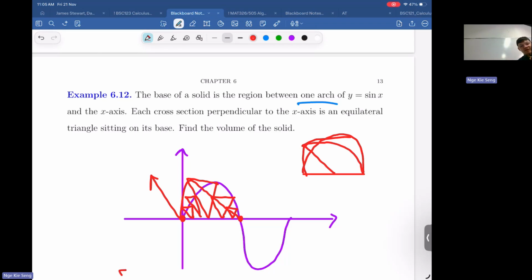So let me find a chestnut diagram. Is there a proper chestnut diagram? Could be a chestnut, right? Maybe something looks a bit like this.